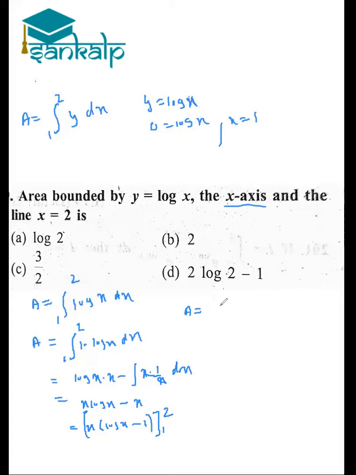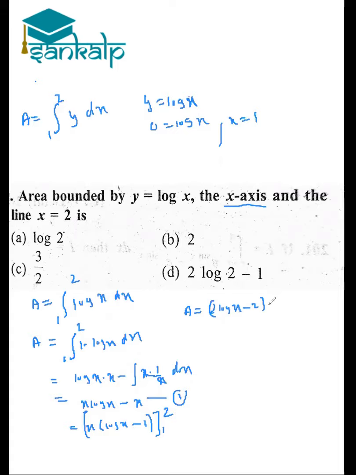So the required area, first we substitute 2. It will be 2 log 2 minus 2. This will be the first part.